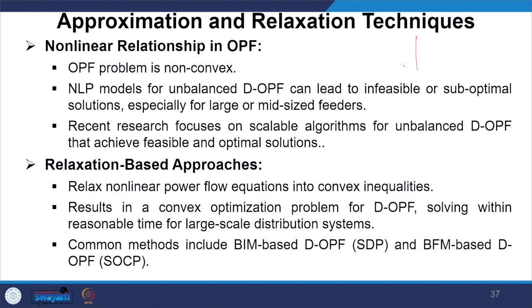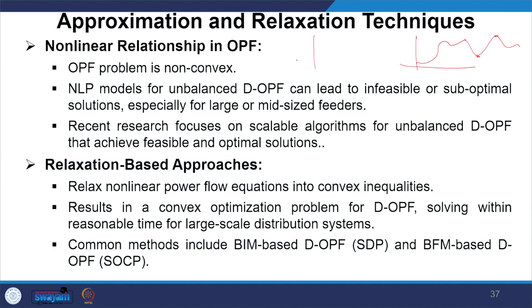Then we have certain approximation or relaxation techniques, for the nonlinear relationship in OPF. So, the OPF problem is quite non-convex, okay. So, what do you understand by non-convex? For those who are learning OPF for the first time, when you talk about any function, if you plot a characteristic which is nonlinear, and this characteristic has multiple optimal points, am I right, it is ideally known as non-convex.